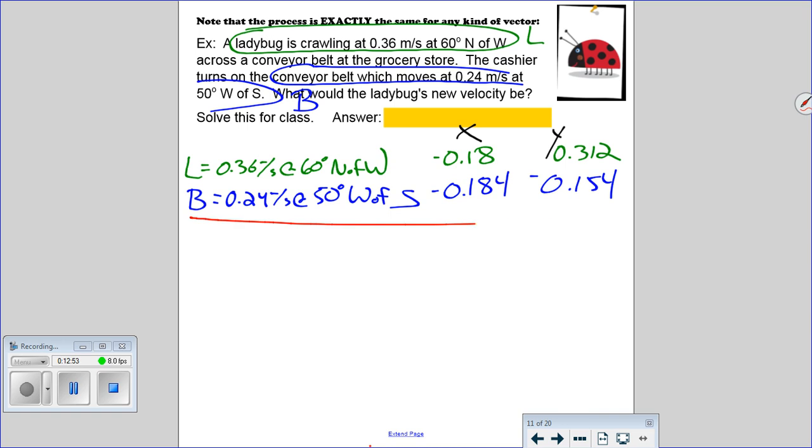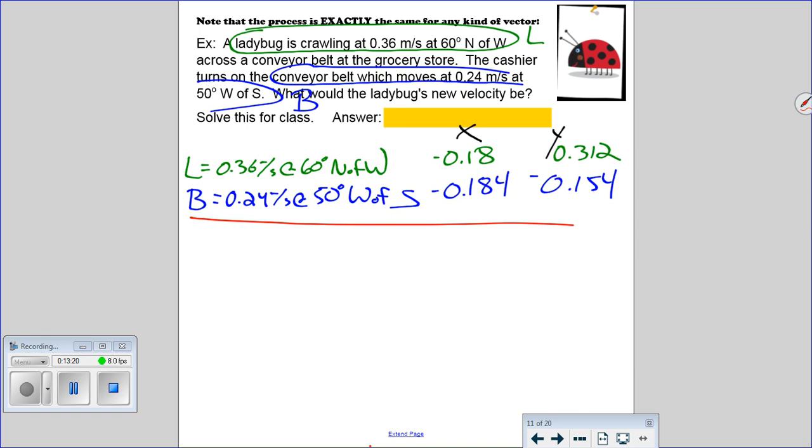All right. So here's the deal. Let's think about what these mean. This number here means that because the ladybug has legs, he is walking to the left 0.18 meters every second. This number means because the conveyor belt is on, the ladybug is being carried to the left 0.184 meters every second.